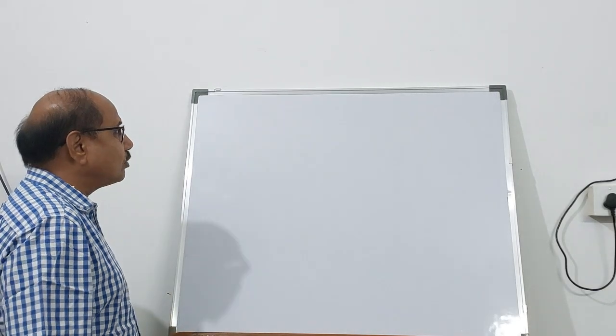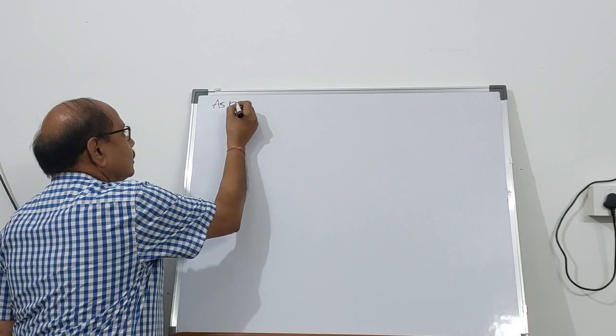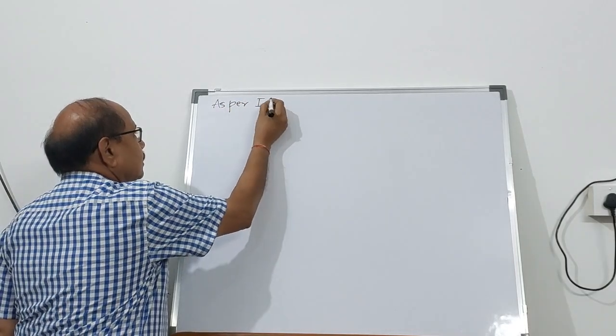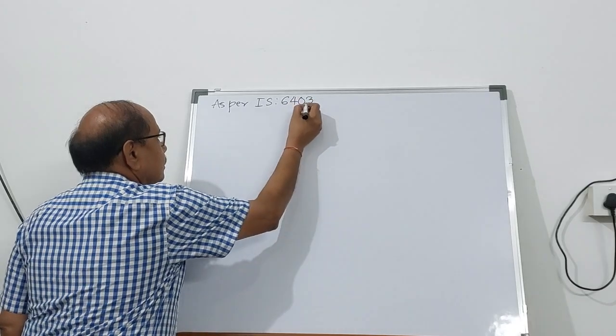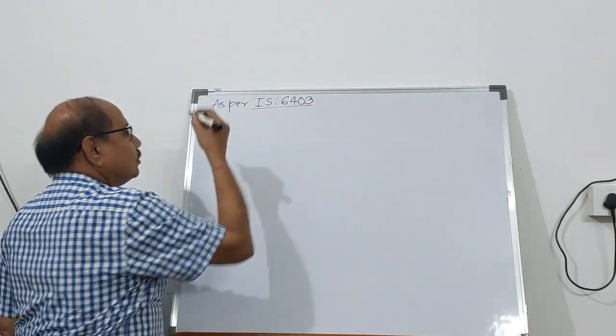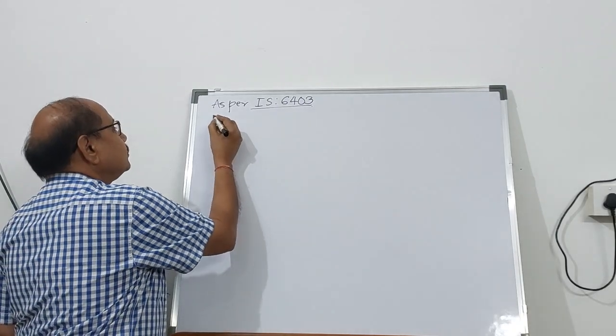So, the IS code formula as per IS 6403, you have the bearing capacity equation.